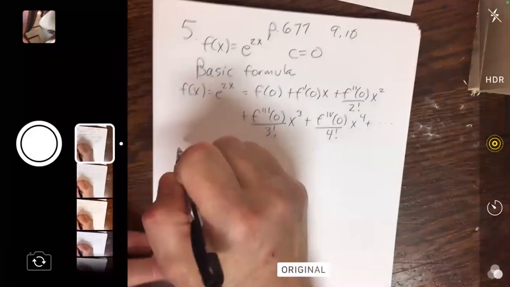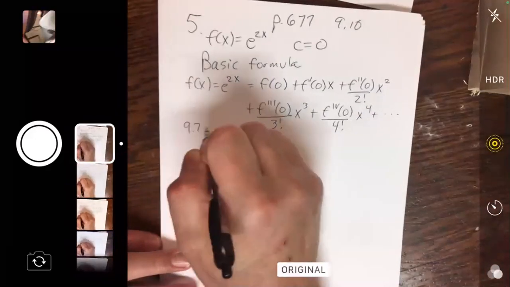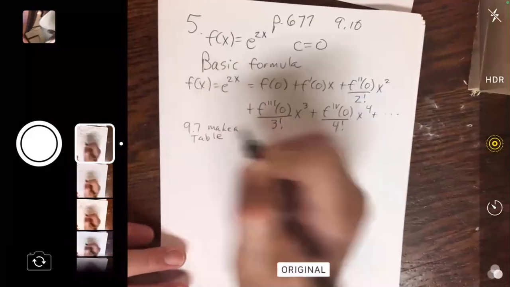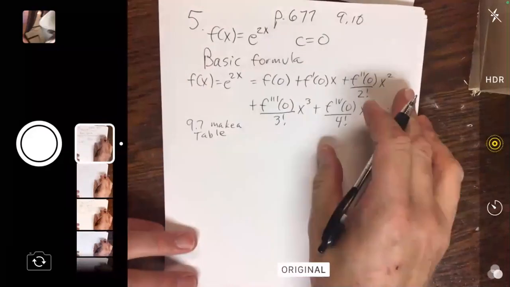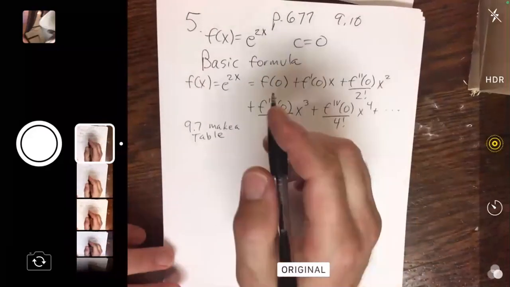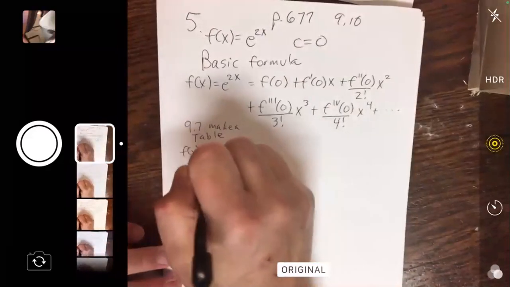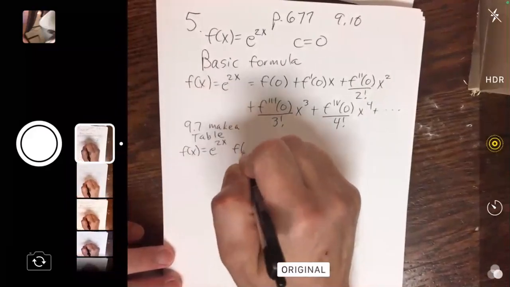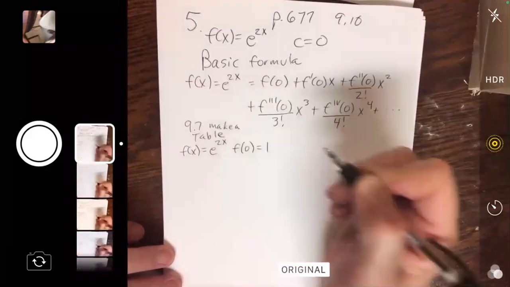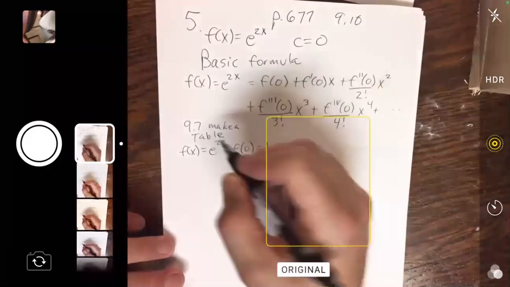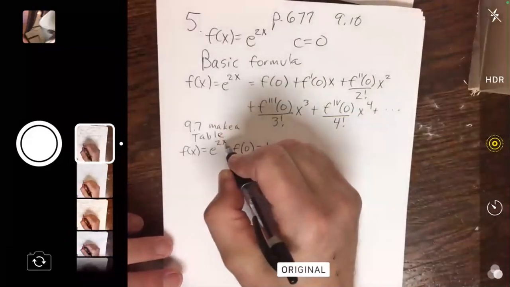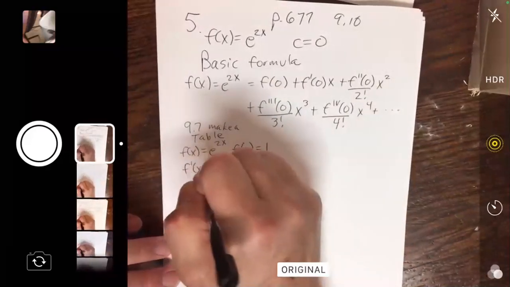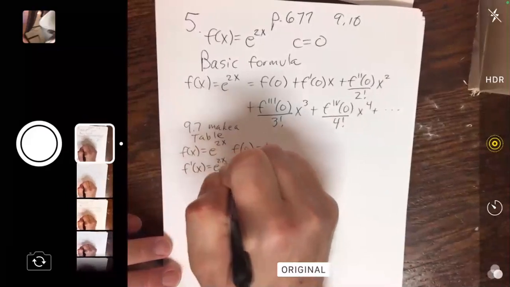All right, if you remember how these work from 9-7, you make a table. Start with f of x is e to the 2x, your f of 0 you can tell is 1. e to the 2 times 0 is e to the 0, which is 1. f prime of x would be e to the 2x with a chain rule of 2.